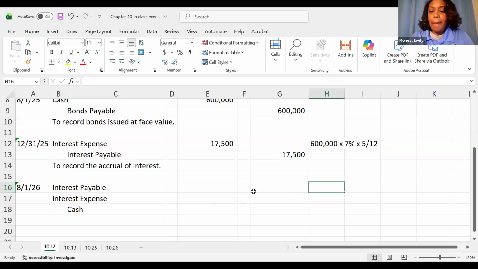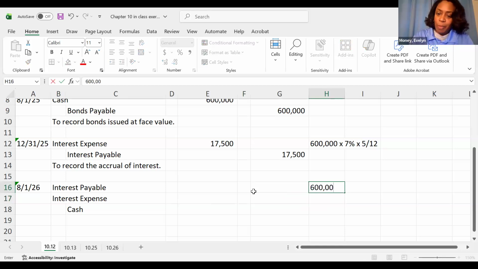Now, for interest payable, I'm just going to put the calculation here over and over again. You don't have to do this part this way as long as you get the right numbers. So for interest payable, it's the same number that we calculated up here, the 17,500. But I want to show you that the fraction of the year goes hand in hand with the fraction of the year for interest payable, which goes hand in hand with the total amount of cash interest that we're going to pay.